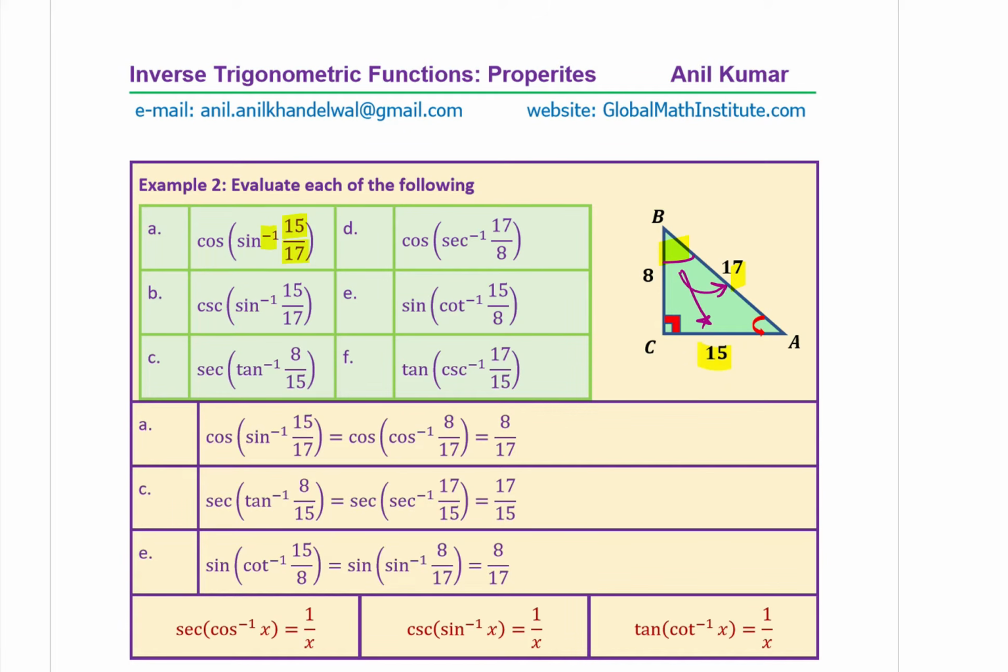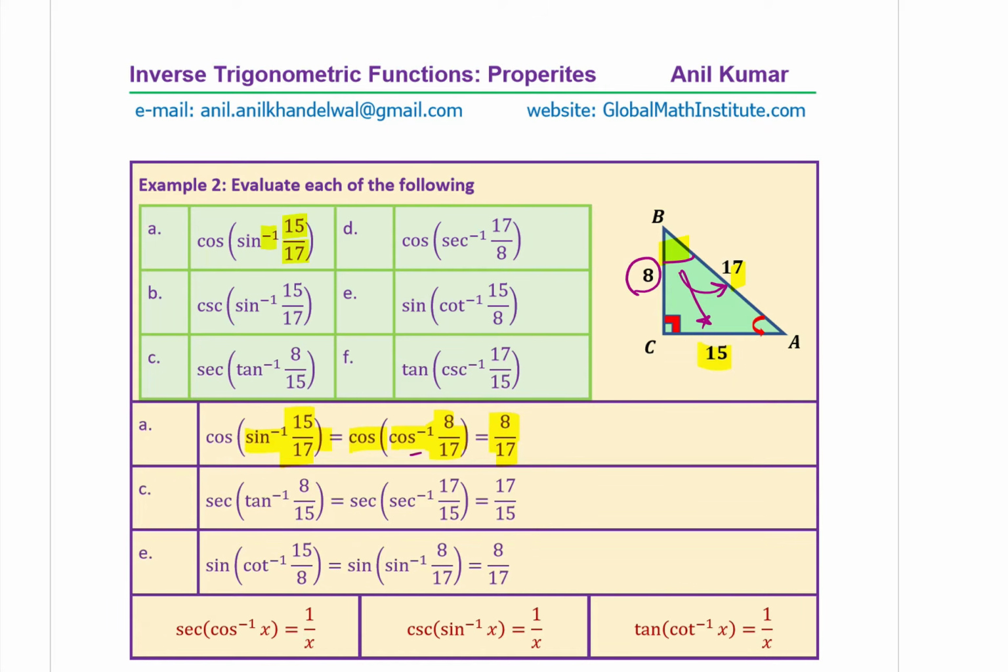Correct. Now, we have to convert this sine into cosine. Obviously, we'll take the adjacent side, 8 over 17. So we are writing sine inverse of 15 over 17 as cos inverse of 8 over 17, a cofunction identity, you remember. So cos of cos inverse 8 over 17 is 8 over 17.